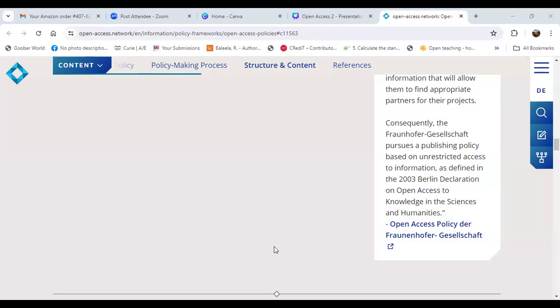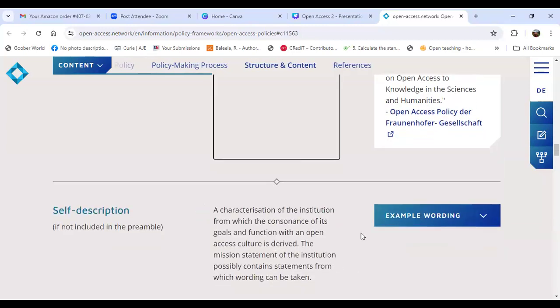Moving on to the third definition, the self-description part. You either put a self-description within the preamble, the previous section, or you have a subheading with this.